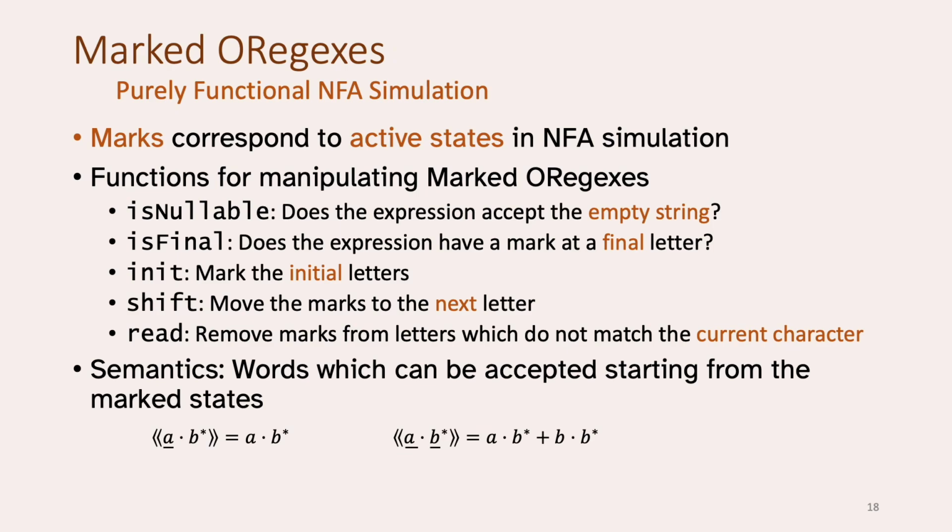Now consider the case where the B is additionally marked. This corresponds to the case where we could also include the words of the form B star, which we obtain by starting from the letter B. Finally, if none of the characters are marked, then the denotation of this is the empty set. This is because there are no active states in the automaton that it represents.